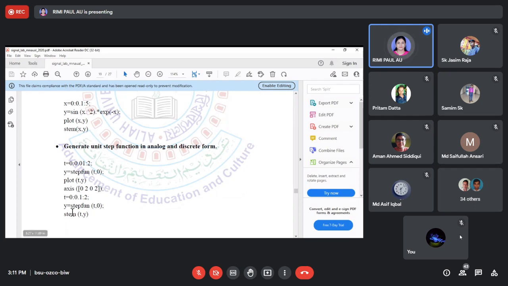You will go directly here: t is 0 to 0.01 to 2, y is the step function of t comma 0, next stem t comma y. The stem function is used to get the discrete form of the signal. Plot we get for continuous time signal plotting, and stem we get for discrete time signal. So you can omit these four lines and write only three lines to form the step function in discrete form.